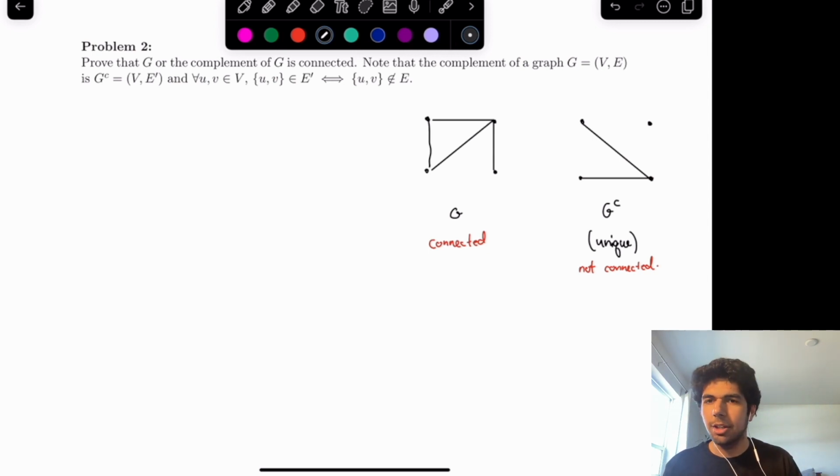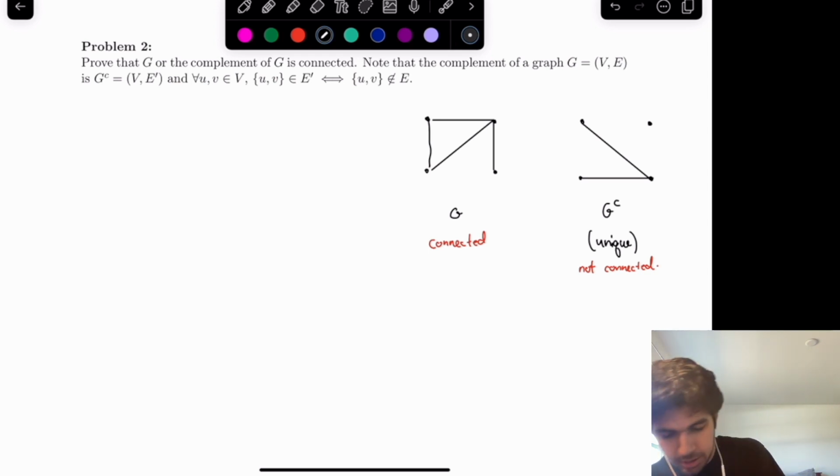That's a discussion for another time of why induction isn't always super friendly with graph theory, but you can imagine it becomes really complicated. So how else could we do this? What if we just consider an arbitrary graph G, and if we were to show that this graph is either connected or its complement is connected, then we're good, because G is just completely arbitrary. So let's let G be an arbitrary graph.